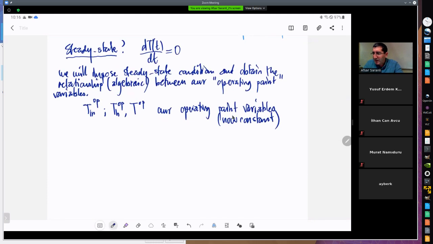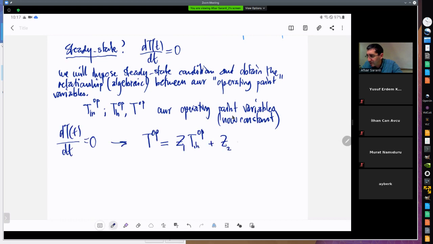So once we impose this condition, dT/dt equals 0, that gives us that TOP has to be equal to Z1 times T in OP plus Z2 times TH OP. So that is the equilibrium equation.